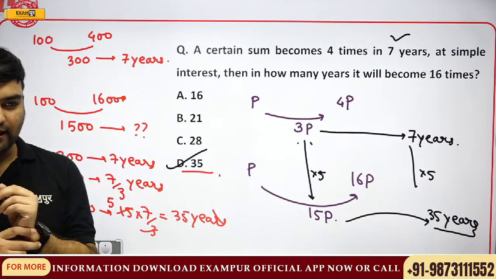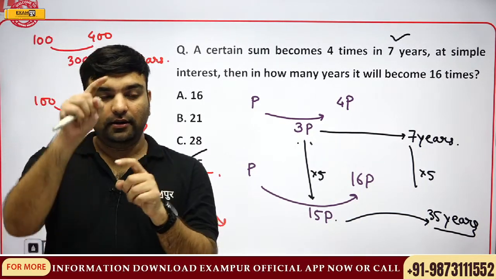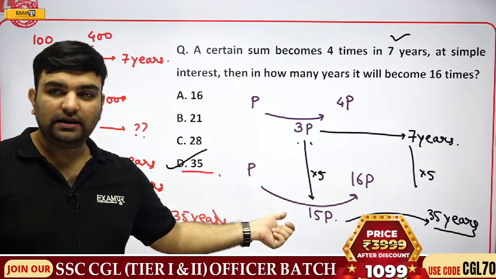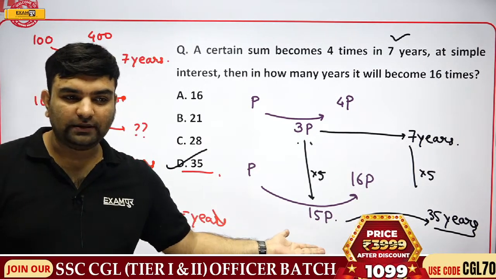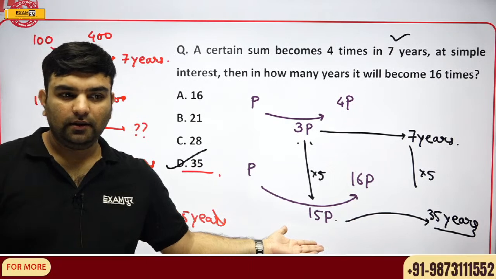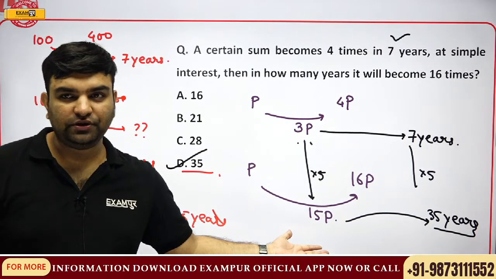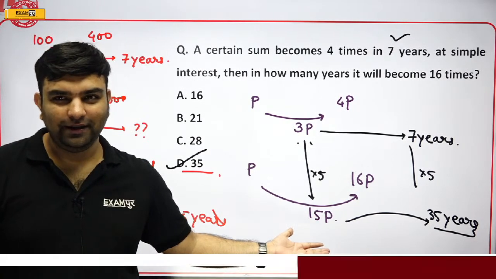Shrivani, in CI, it's a power. But in SI, it's a simple unitary method.